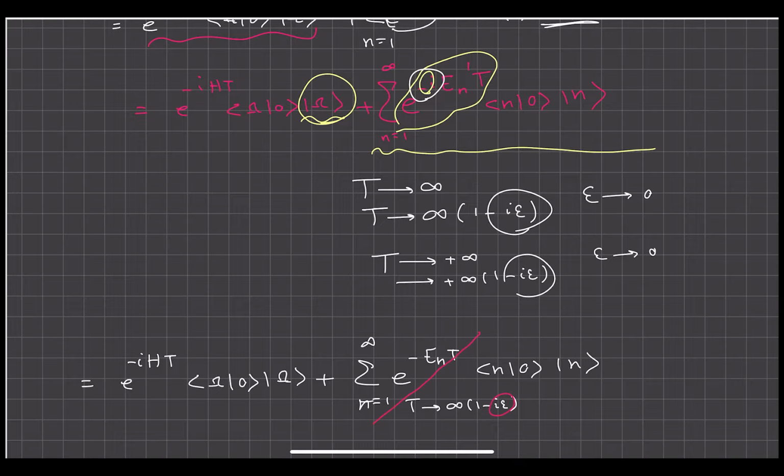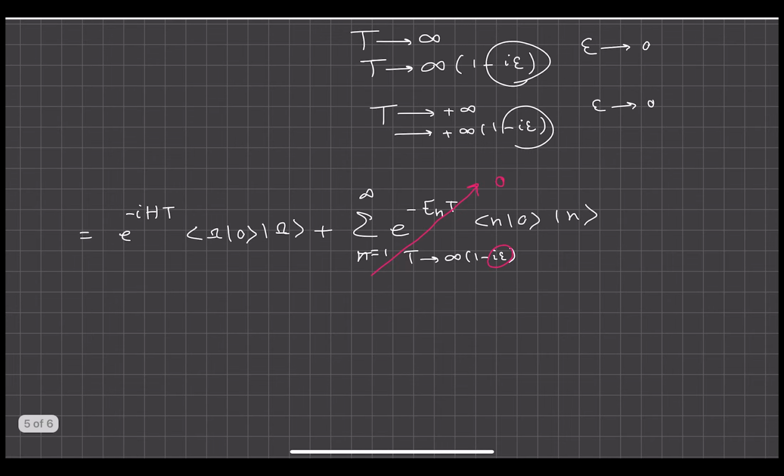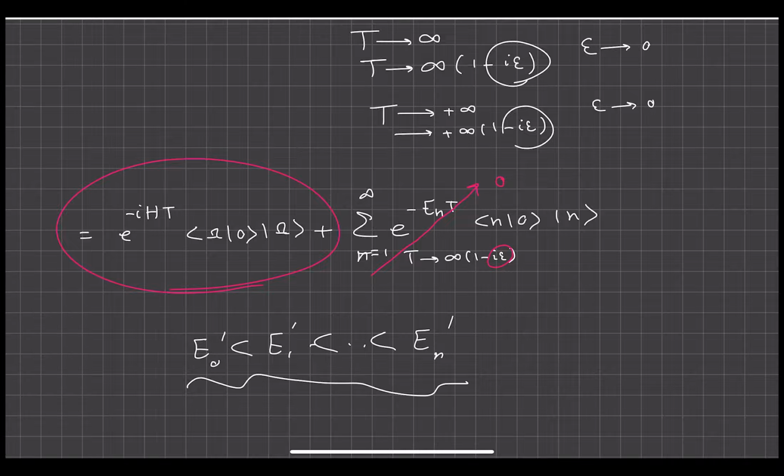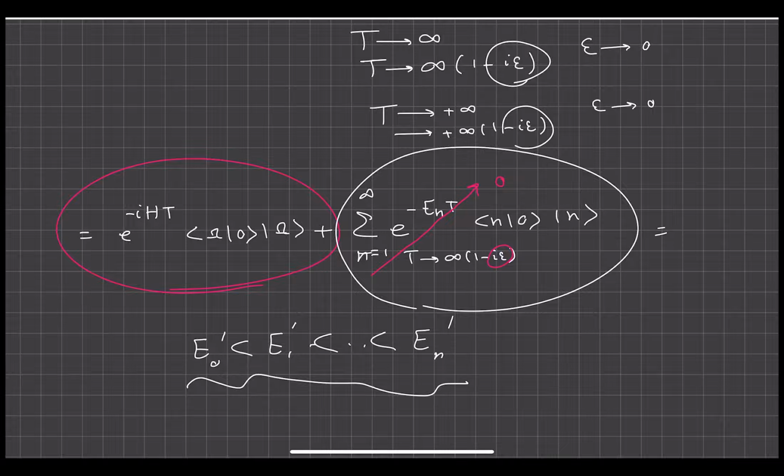These terms are going to be 0, or they converge more and more compared to this term, because you have this hierarchy. The hierarchy is like you have E0', and then you have E1', and so on, let's say any kind of En'. So there is this hierarchy, and this hierarchy allows you to take out the second term, the summation of all the other excited states, and just leave the first term.